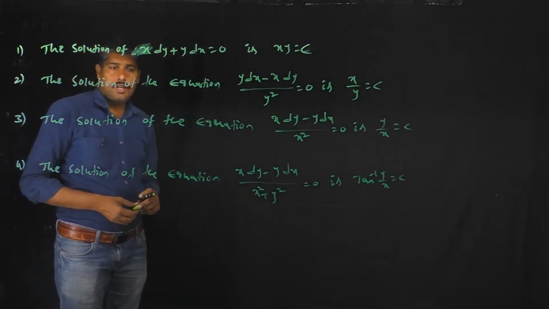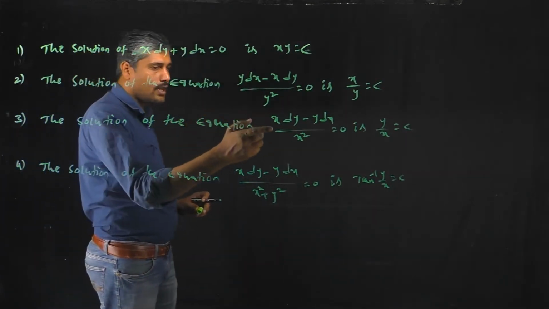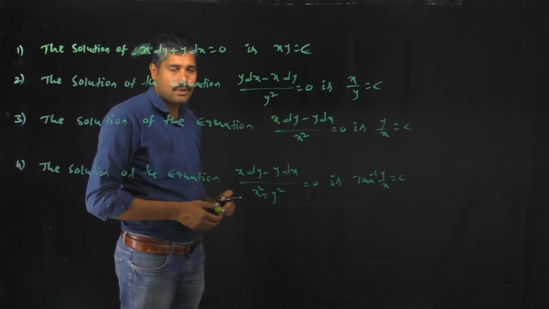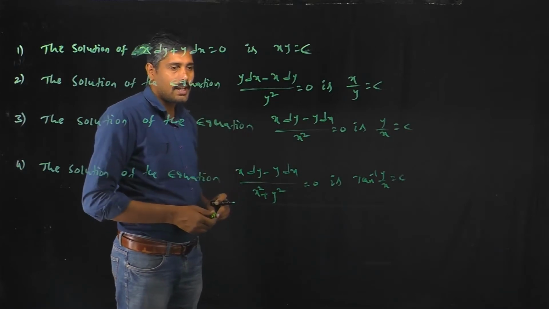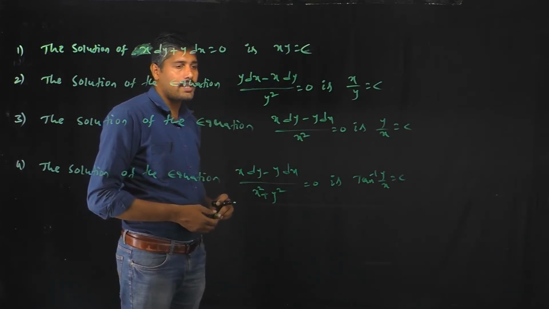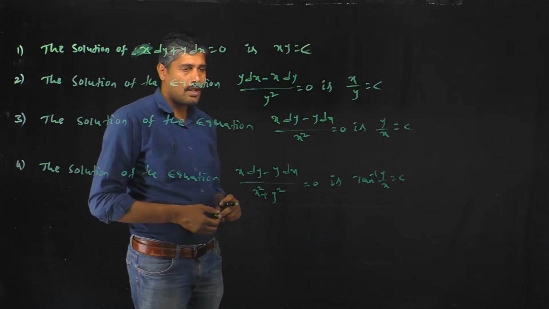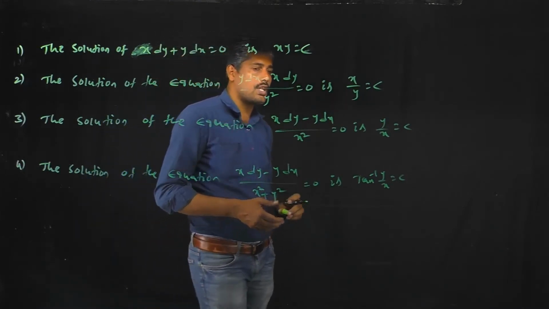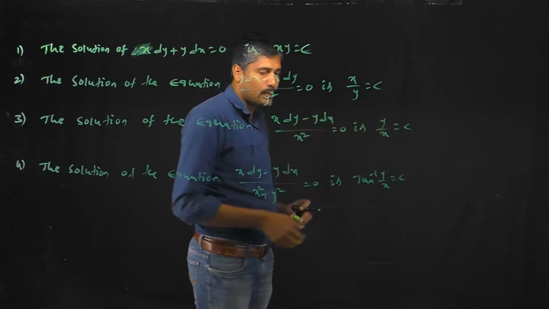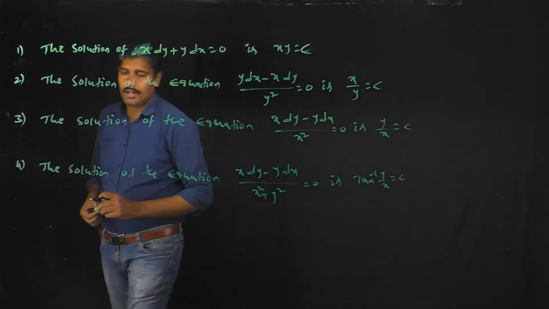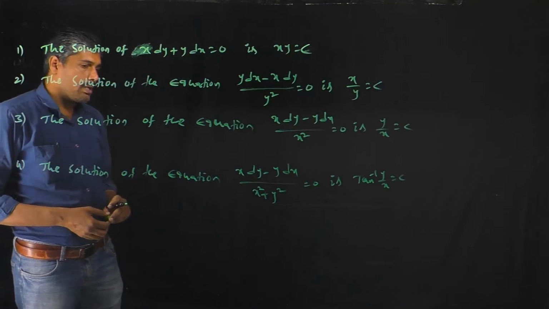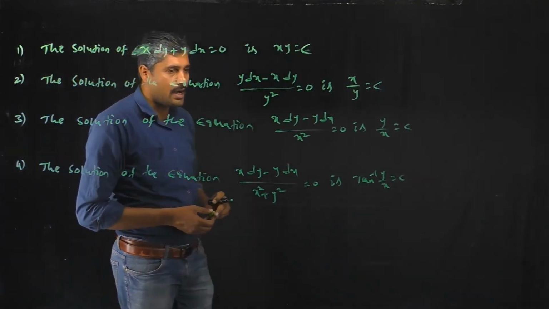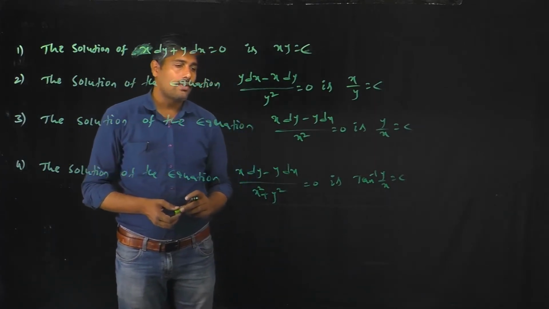Suppose the given differential equation is (x dy − y dx)/x² = 0. Then solving it, we get the solution y/x = c. Next, suppose the equation is (x dy − y dx)/(x² + y²) = 0.